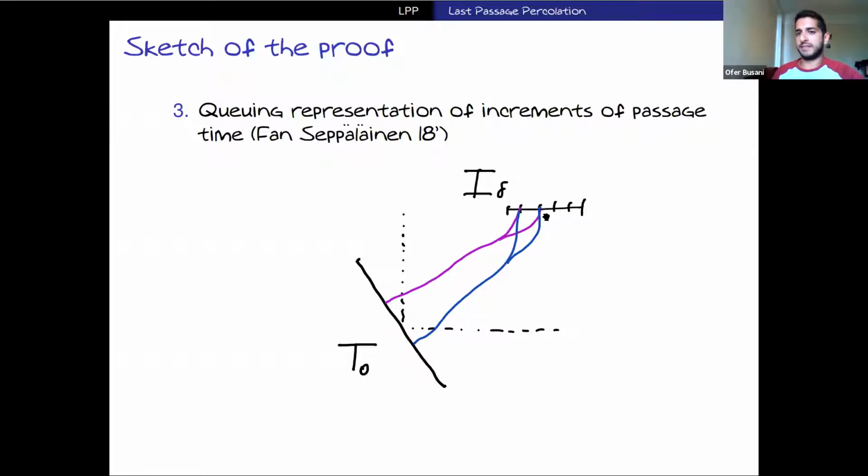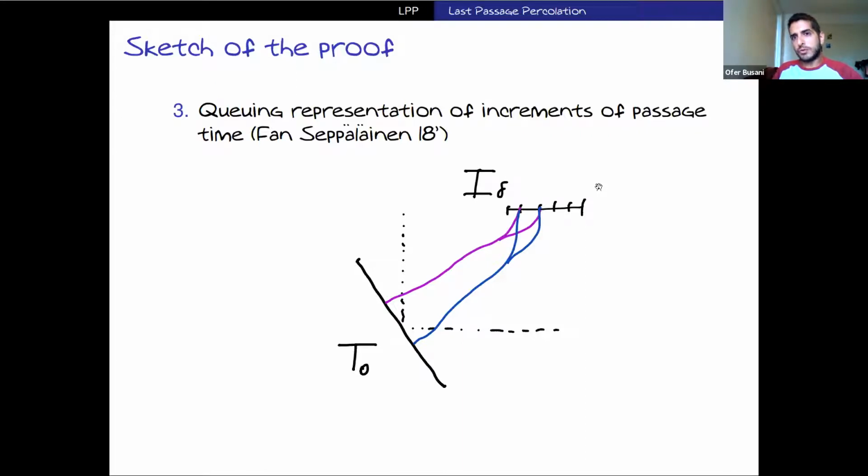Where they cross in I delta is a function of the increments that they endow on the edges of I delta. On each edge of I delta, we have these weights coming from the two stationary passage times. And if we know these weights on these edges, then we can tell where it's going to cross I delta.